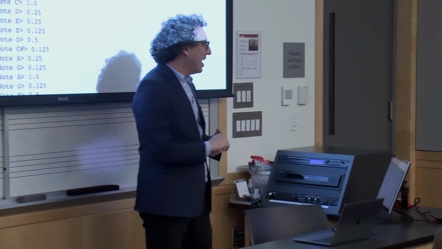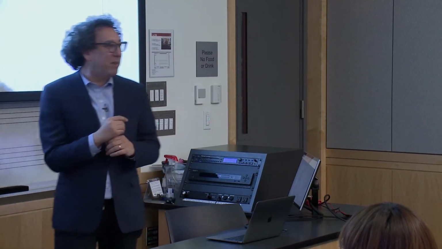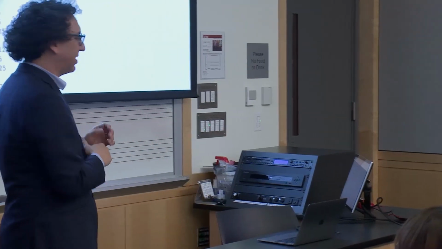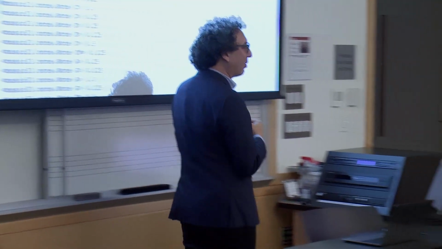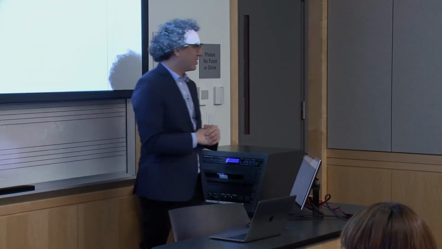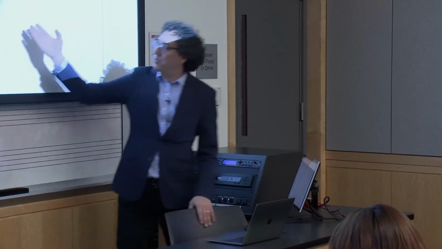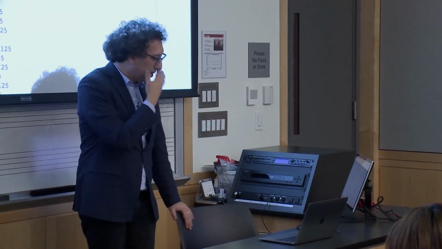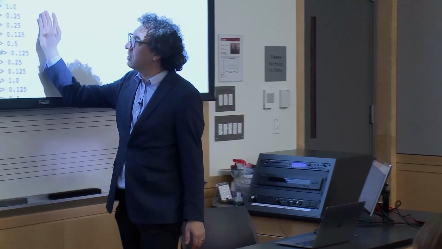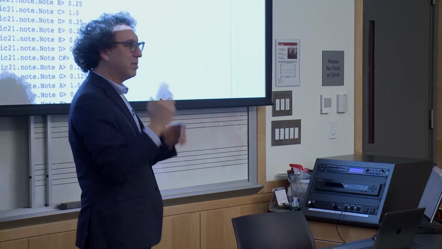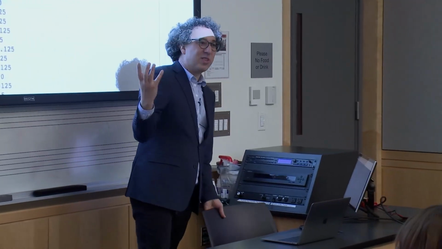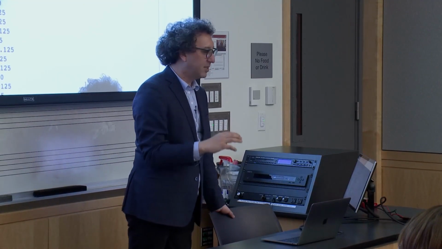I've used it in papers, and now the world knows that this was a terrible hack that could probably be done much, much better, as you will realize when you do beat strengths on triplets, because you can see I'm doing something with the log 2 of the proportion through the measure, and therefore triplets won't work as well. So I think we do something separate for 6/8 so it works. But this could give you a little more of a sense of the kind of problem that Sophia Sun was talking about in the video at the beginning of the class: are certain things happening more on strong places versus others?